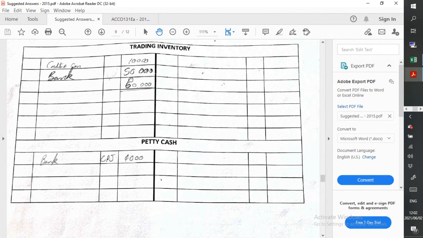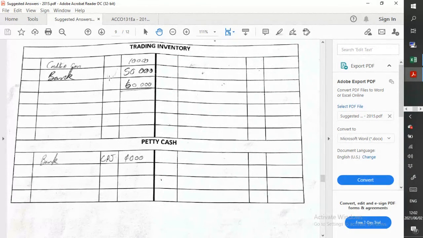So then we put bank, we put 50,000 there, and under your folio, you're going to say CPJ. And then under your creditors control, you're going to ask, is this increasing or decreasing our trading inventory?